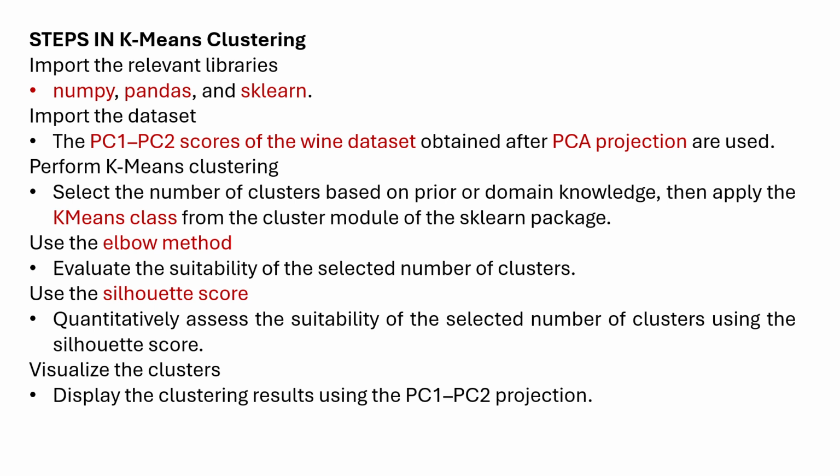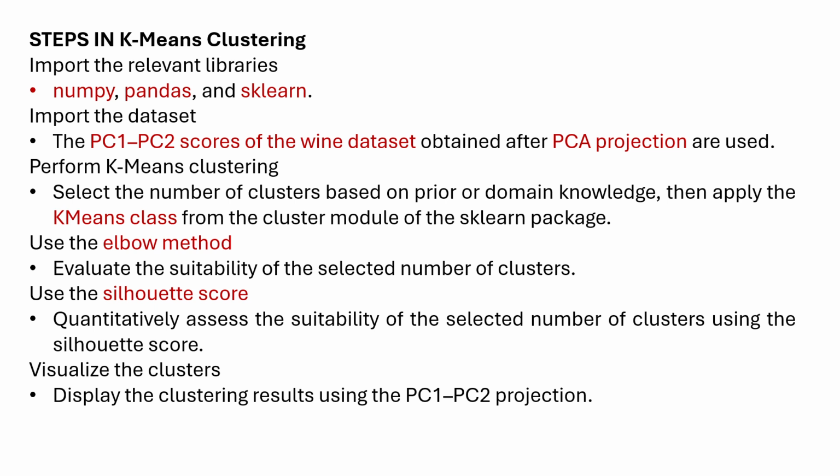The implementation follows a straightforward sequence. First, we import the required libraries and the dataset. Now we perform k-means clustering by specifying an initial number of clusters based on prior knowledge. We then evaluate whether this choice is appropriate using the elbow method and the Silhouette score.